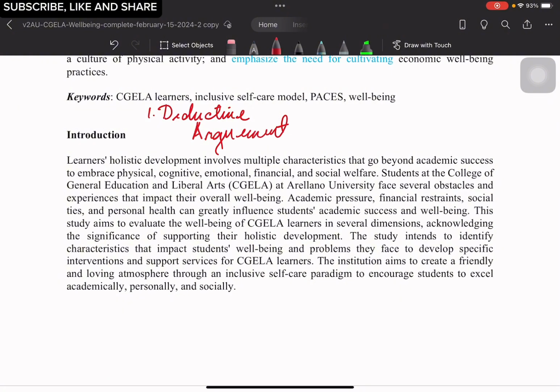So argument, citations, and then aside from that, included are also the goal, the direction of your study, the objective of the study. So these should be placed in mind when writing the introduction of the study.